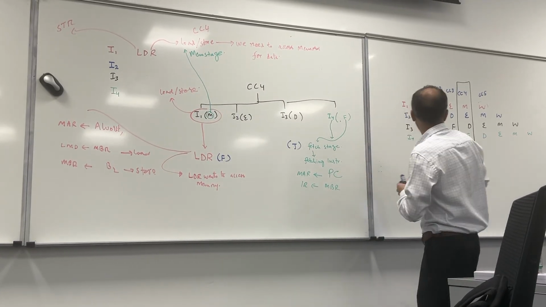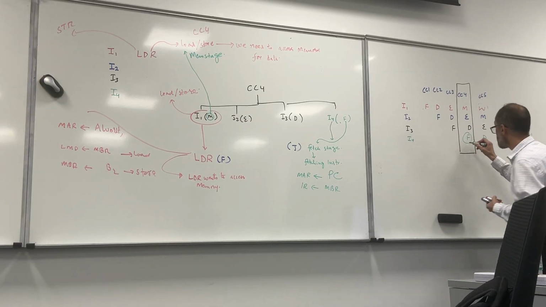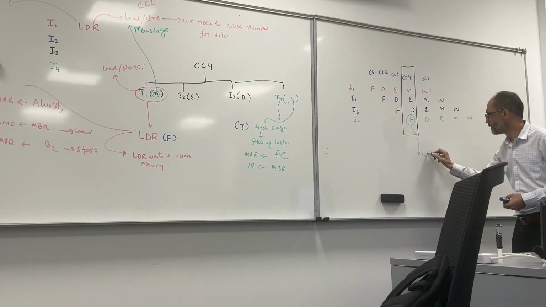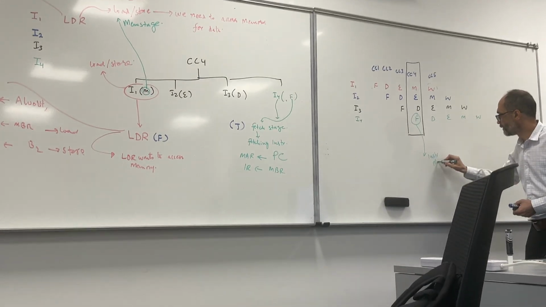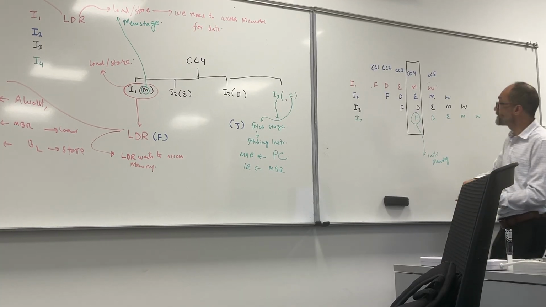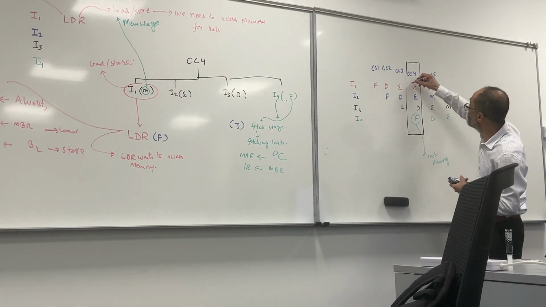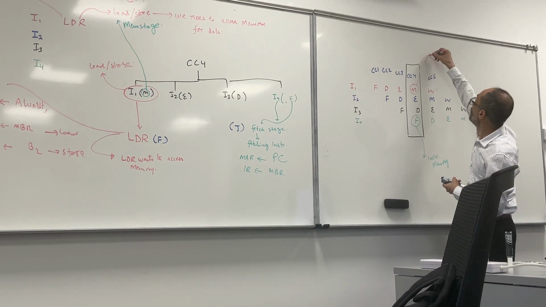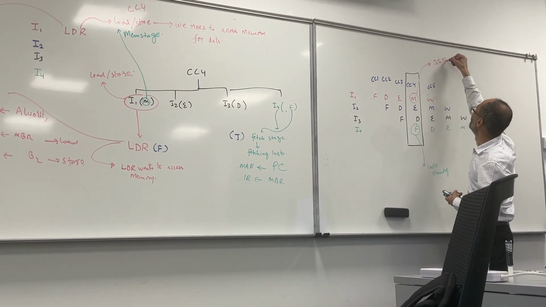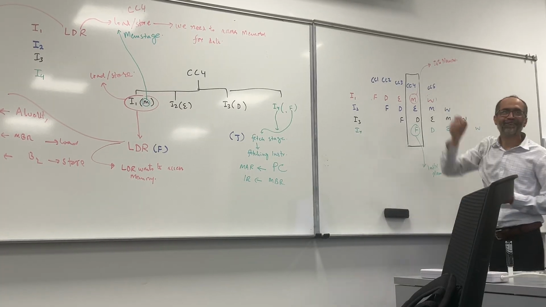So during this time, we access this data from which memory? Instruction memory. And we access this data at the same time from which memory? Data memory. So now we avoid this problem.